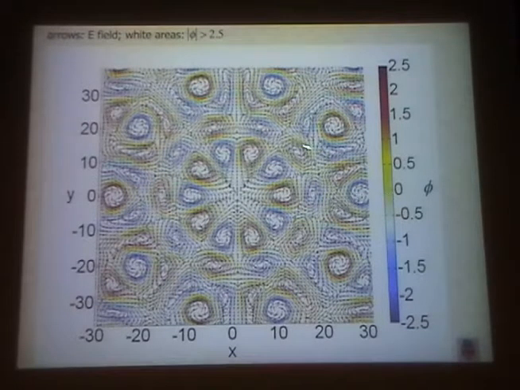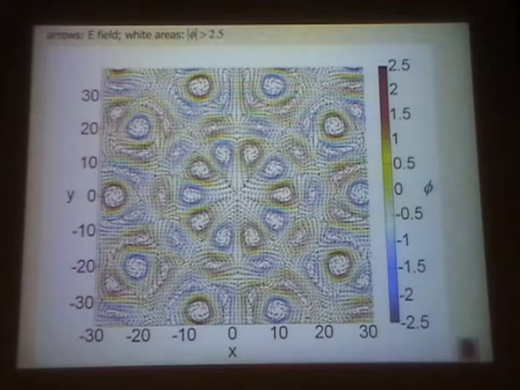So here's a picture where I'm plotting for you the E field, but I'm also plotting this phi. And the only thing to note that's not obvious from this scale is that it's actually the white areas that are the large values of phi. So remember, what I'm doing is, to find the defects in the E field, I am looking for these critical points of phi.